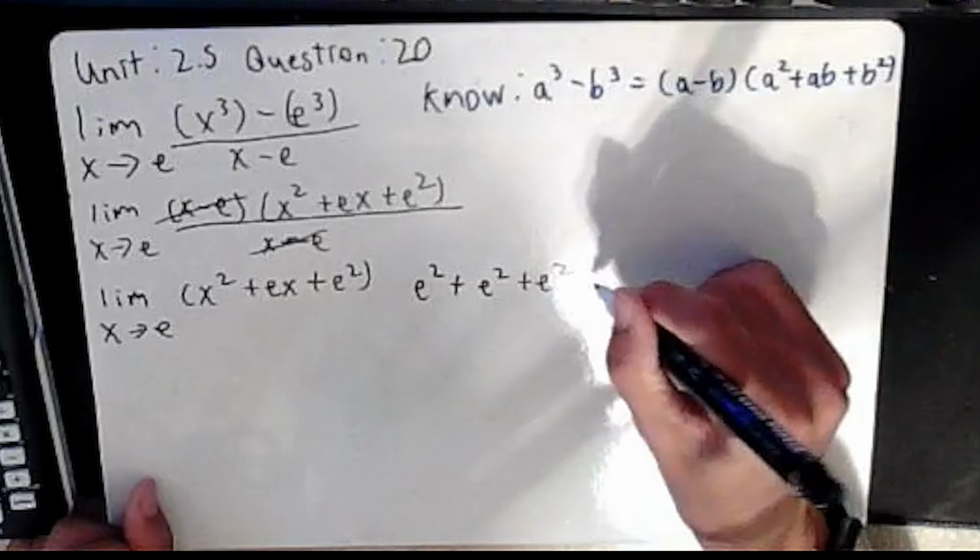The second way to do this is to know that this is just the definition of derivatives. So when you have f prime of some c value, that is the limit as h approaches 0 of f of x plus h minus f of x all divided by h.